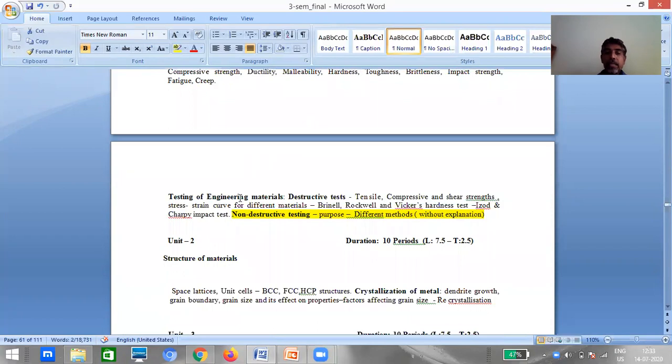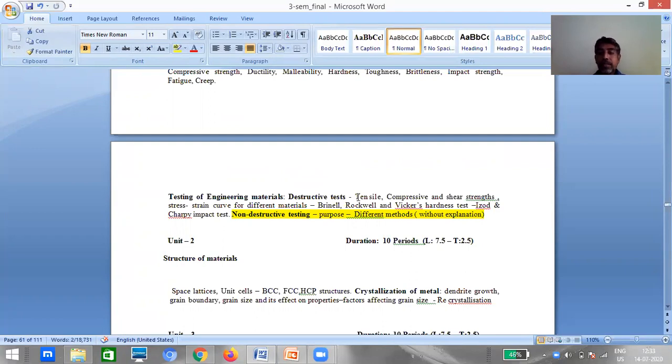And if you come to the testing of engineering materials, first we discussed what is meant by testing of materials and how many types of testing procedures are generally there in a broad sense. We discussed destructive testing procedures and non-destructive testing procedures, and the difference between them.